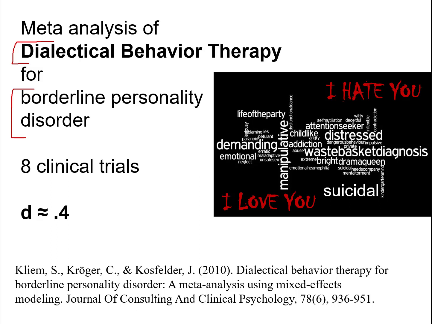Sometimes a person might swing back and forth between adoring and loving someone and then hating and being really angry with that person. And it can involve impulsive or sometimes dangerous behavior. Someone with borderline personality disorder might engage in self-harm behavior. That person might be cutting themselves, or they might engage in suicide attempts.